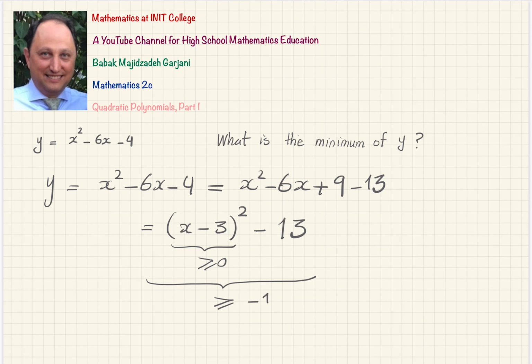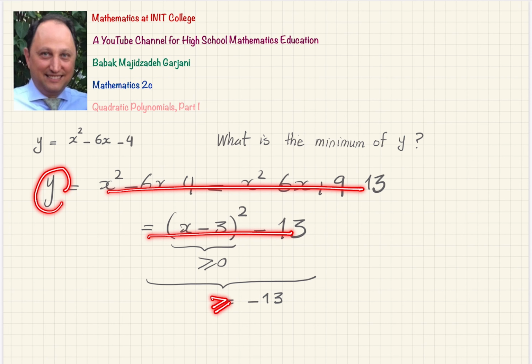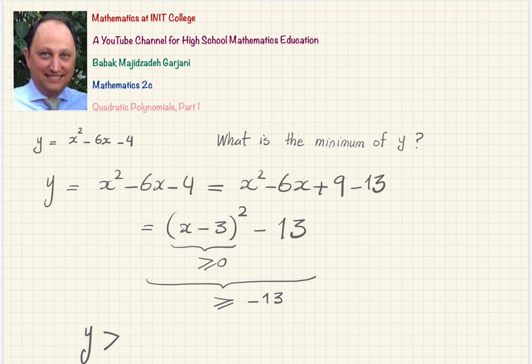So this means that y is equal up to here, but suddenly it is greater than or equal to minus 13. So y is greater than or equal to minus 13. So the minimum value of y is how much? Minus 13. So that is the answer.